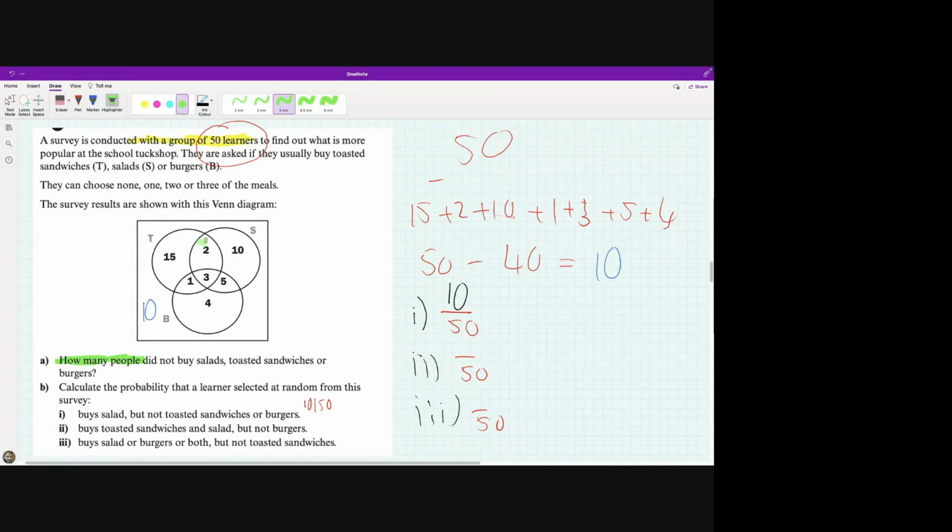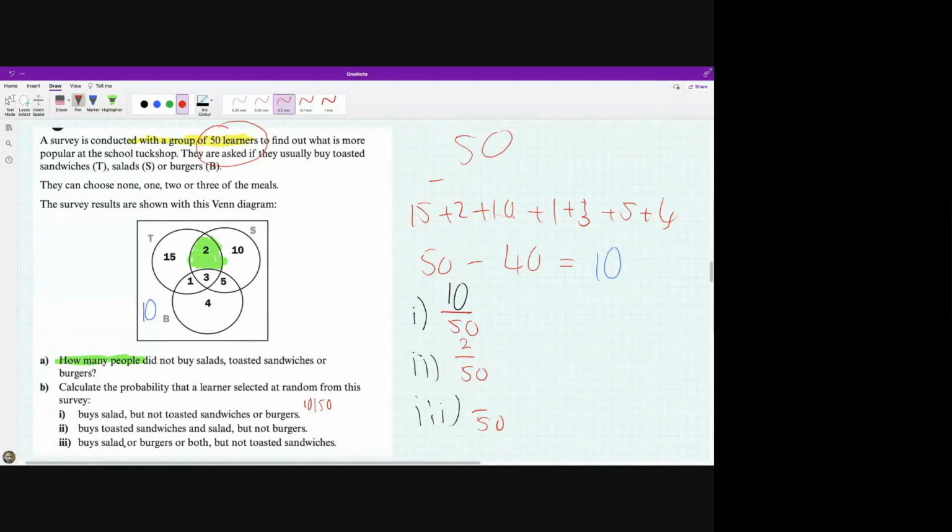I am getting this region over here. So buys toasted sandwiches and salad, but not burgers. Are you with me on that too? Give me a thumbs up if you're with me on the 2. So, all right, we're good for that one.